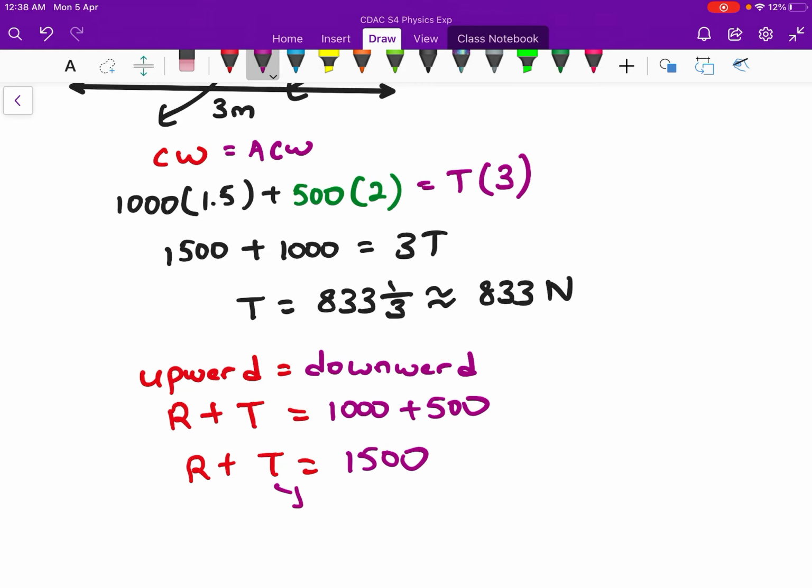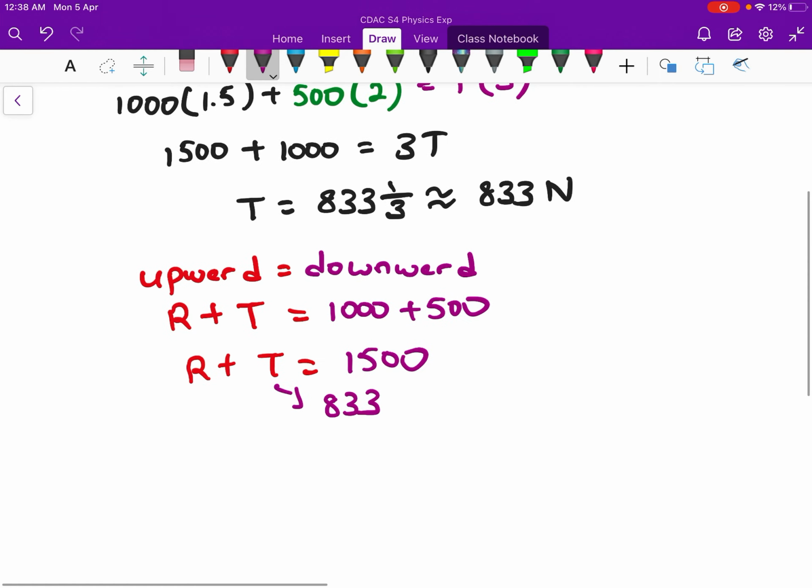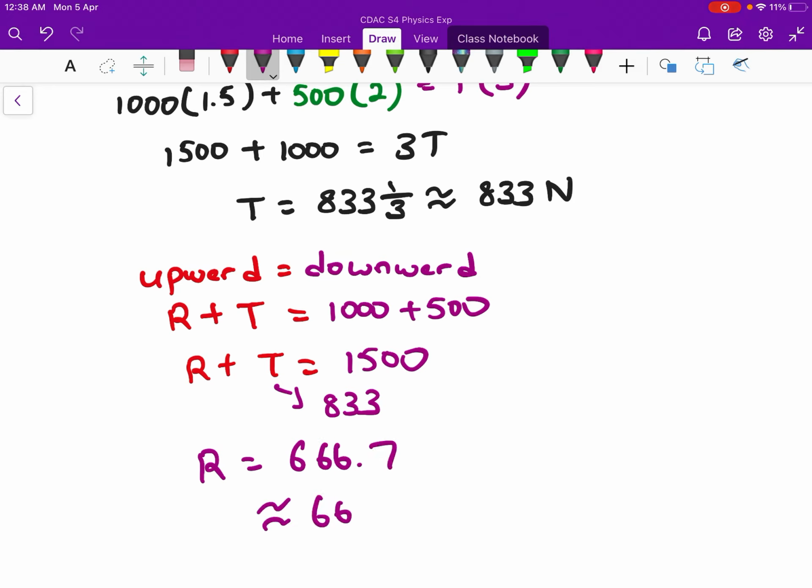Just now we know that the force T is 833.3. So force R will be 666.7, or just round it up to 667 Newton. This is the first method you can use.